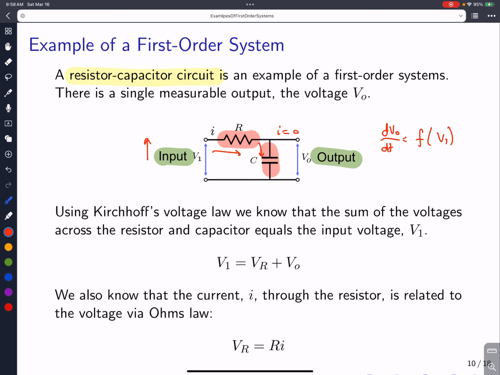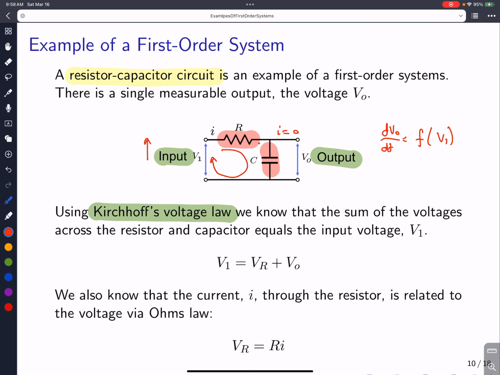Well, we're going to have to invoke some basic laws of electricity. The first one is Kirchhoff's voltage law. All that says is that in a loop the sum of the voltages must be 0. So here's the loop here.